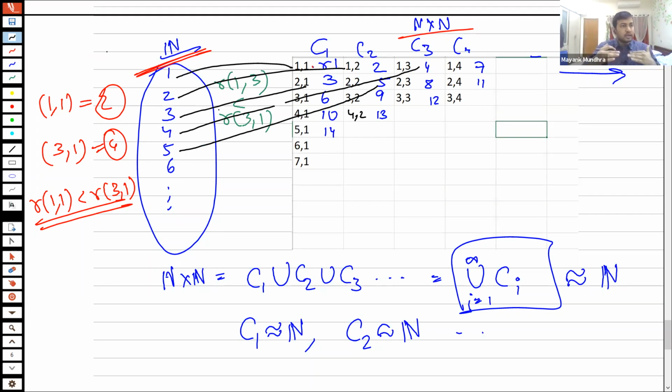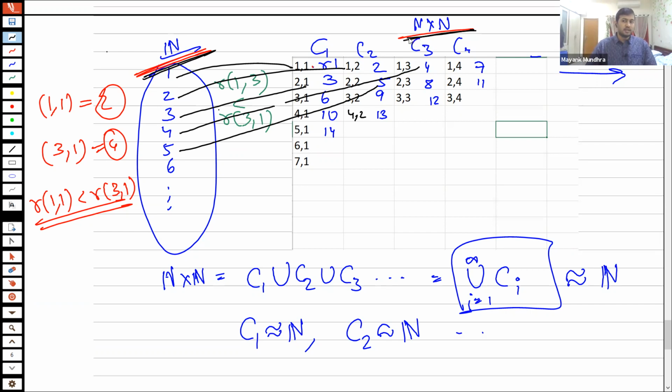So in this manner, I have essentially generated a ranking mechanism for all the infinite cells in the Excel sheet. All of these infinite cells can be ranked, and that's why I can say that the set of natural numbers has the same cardinality as the set N cross N.